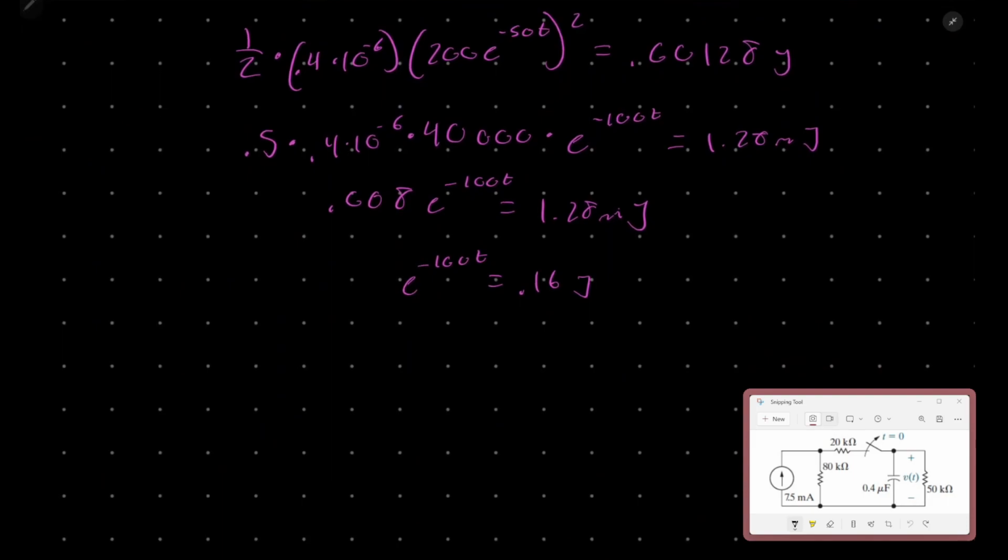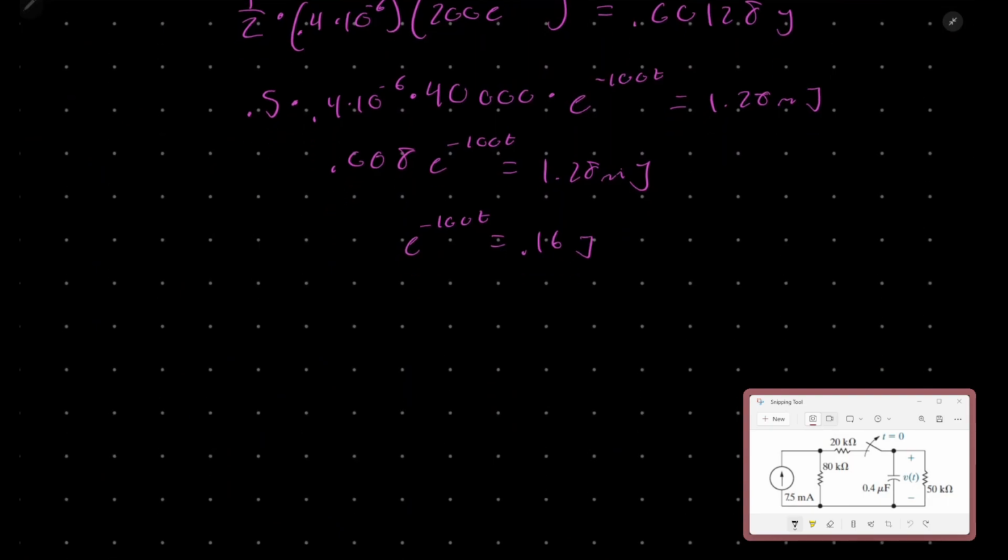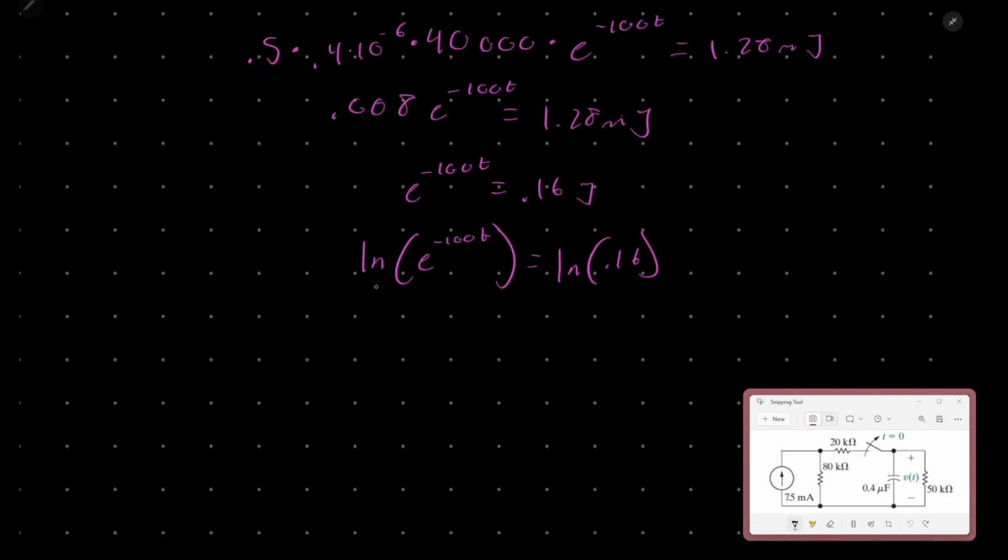And then to get rid of this e, we're going to take the ln of both sides, so we get ln of e to the negative 100t equals ln of 0.16. Doing this, we cancel out the e and we're just left with negative 100t is equal to the ln of 0.16, which is negative 1.8326.